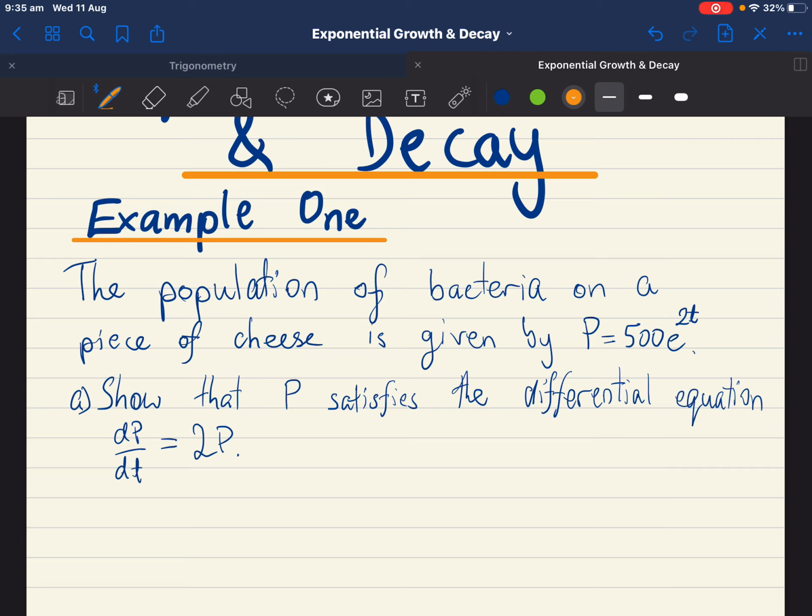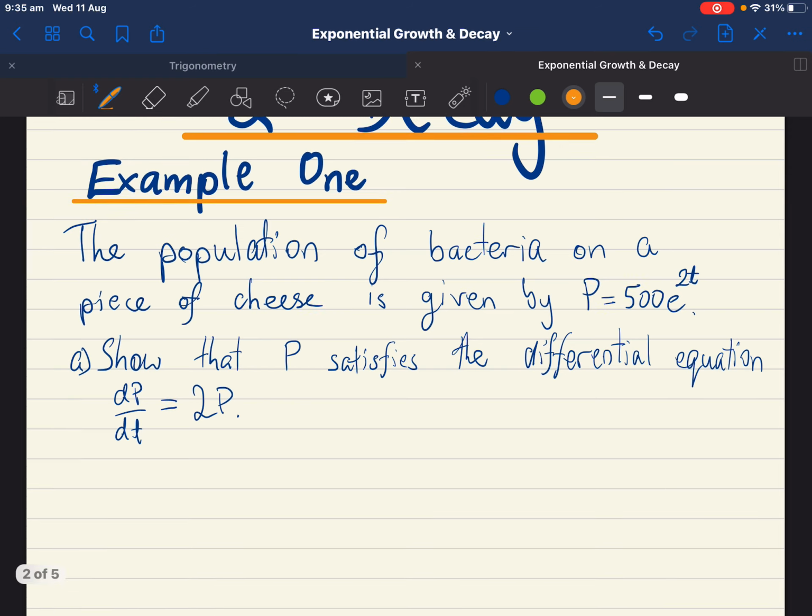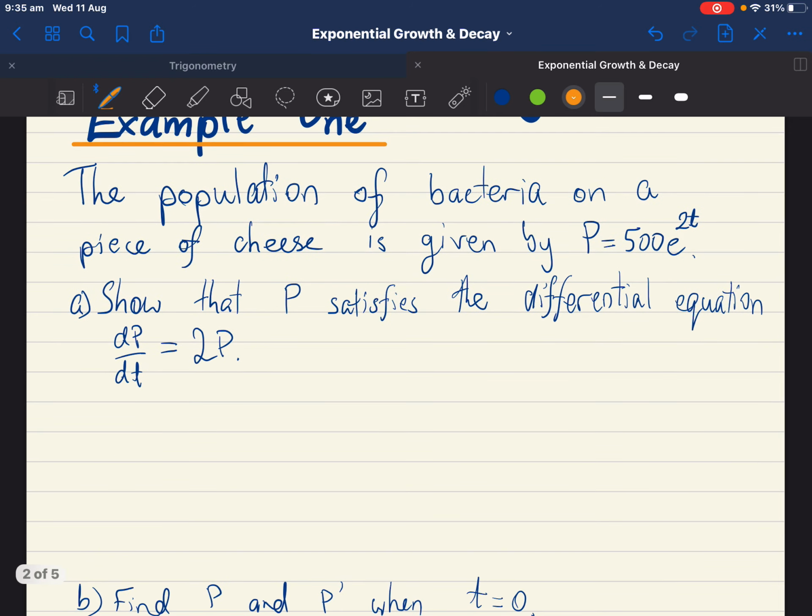We've been given what P is. We just need to show that it satisfies this differential equation. Nice and simple. We already know what P is. Now we just need to work out what dP/dt is. So take the equation given and differentiate. dP/dt, or P dash, would be equal to, how do we differentiate our exponentials?